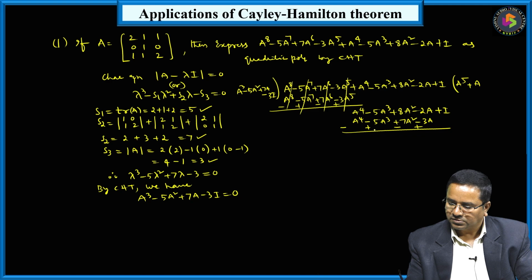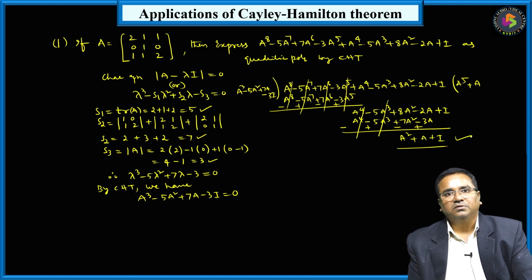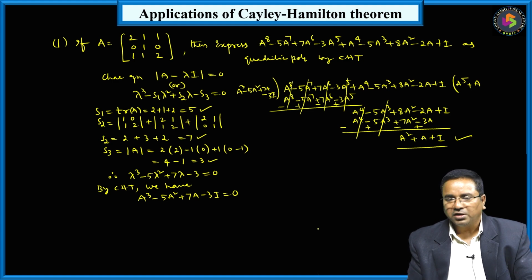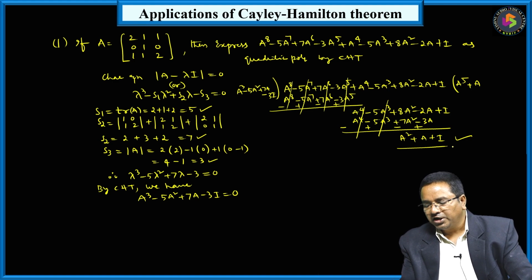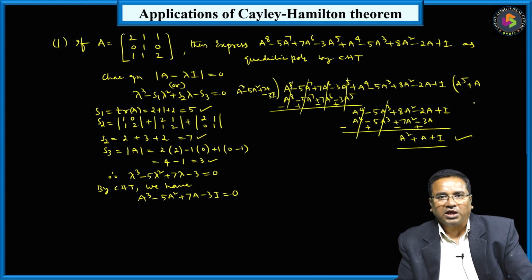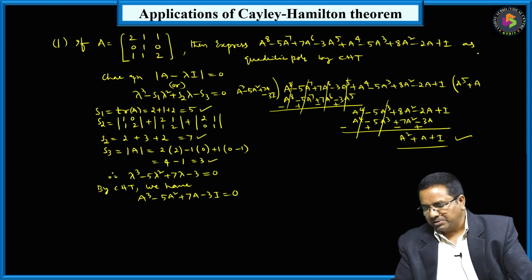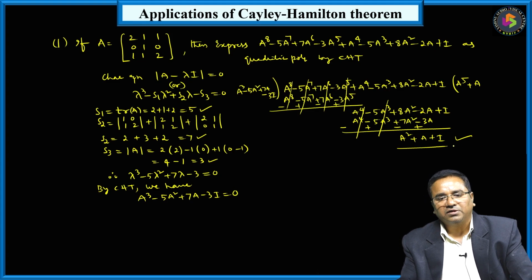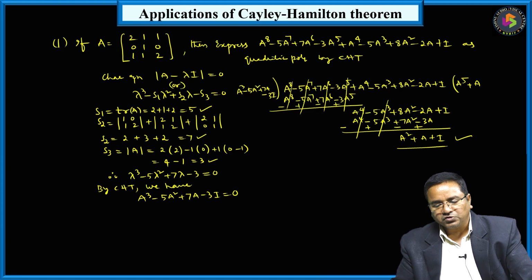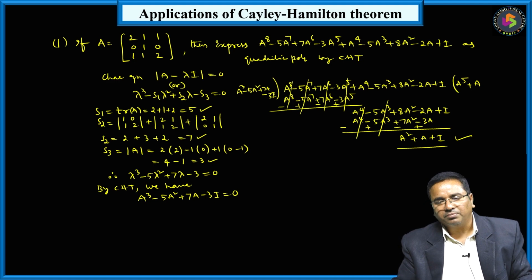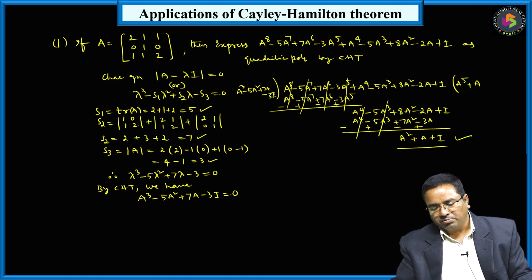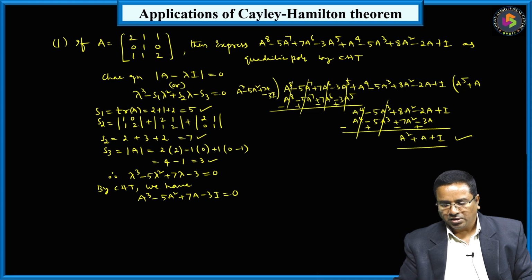So this cancels, and the remainder is A square plus A plus I. Therefore, this is the required answer. So this 8th degree polynomial we can express as a second degree polynomial by using the Cayley-Hamilton theorem. Instead of computing this 8th degree expression, computing this one gives the same result.